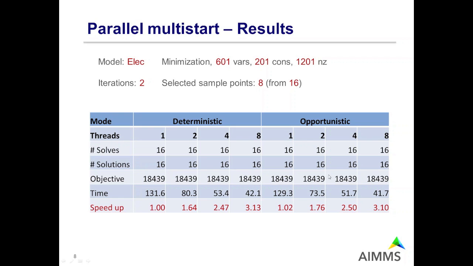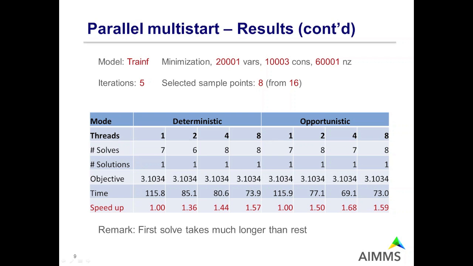And we see the objective is everywhere the same, and the speed up by using 4 threads instead of 1 is about 2.5, and there's not much difference between deterministic mode and opportunistic mode. And you see also that for 8 threads the speed up from 4 to 8 is not that large. From 1 to 2 is okay, from 2 to 4 is also nice, but from 4 to 8 it's limited.